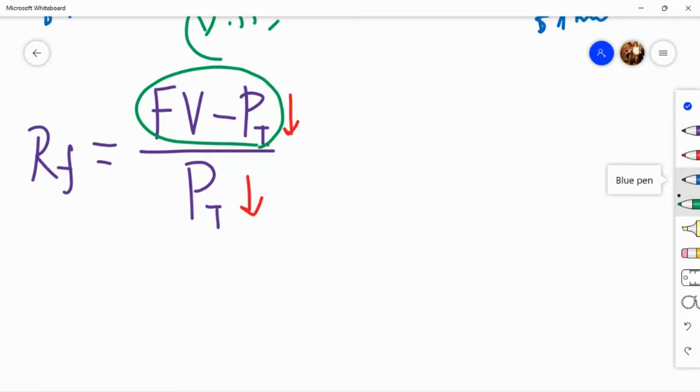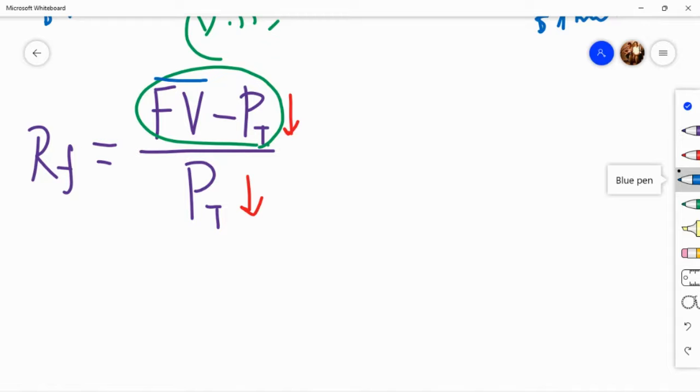Does face value go down? No, face value doesn't go down. Face value is a constant, always 1,000. But if the selling price goes down, what happens to the numerator?